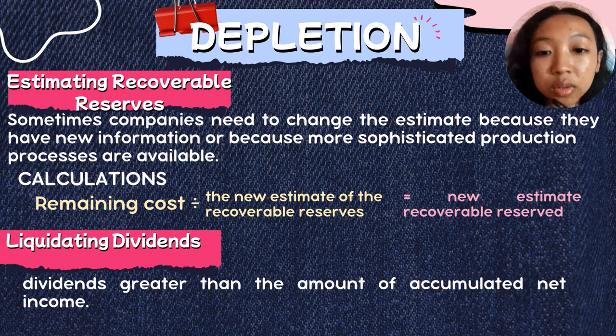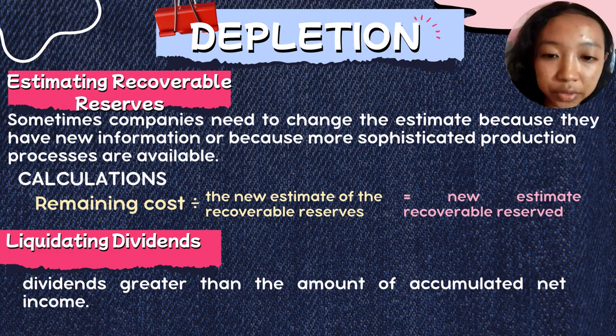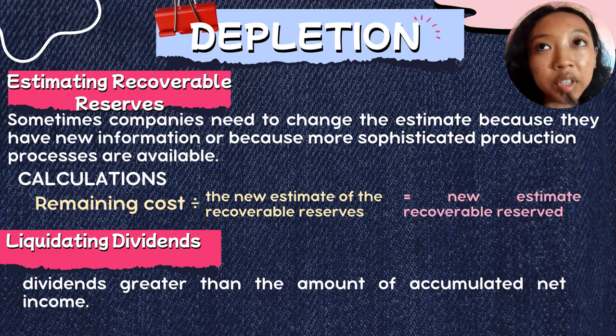For the calculation, it is the remaining cost divided by the new estimated recoverable reserve. For the liquidating dividend, it happens when the dividends are greater than the amount of accumulated net income.